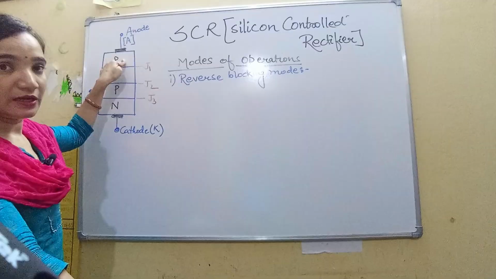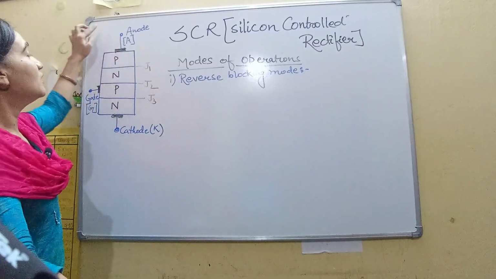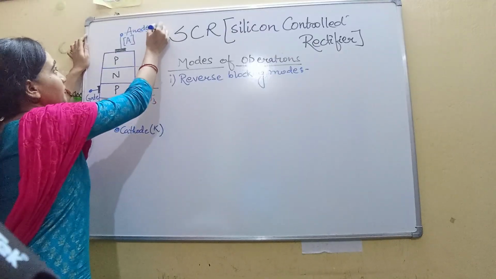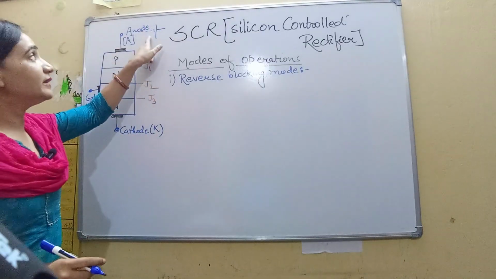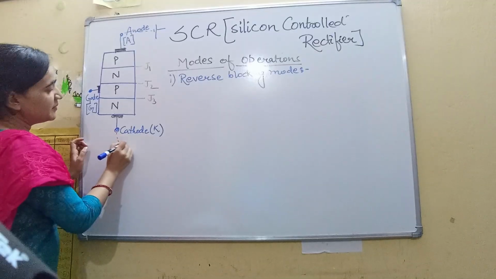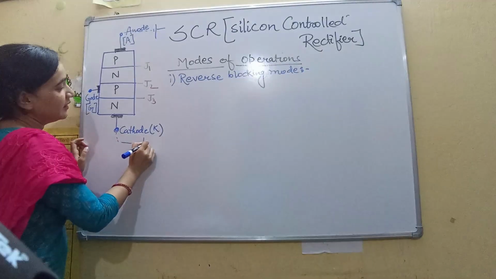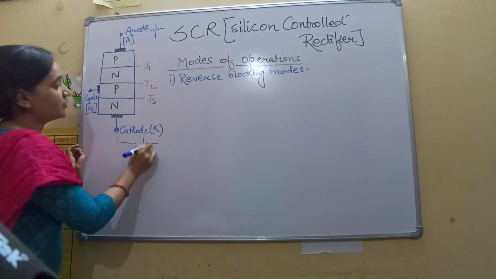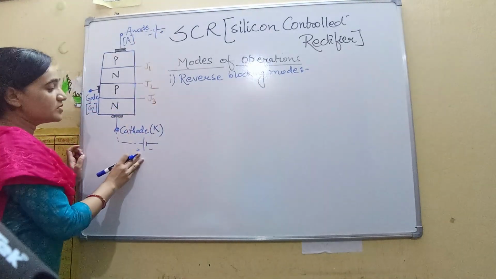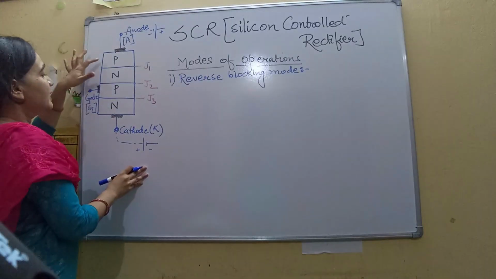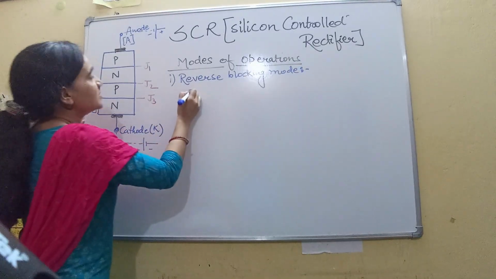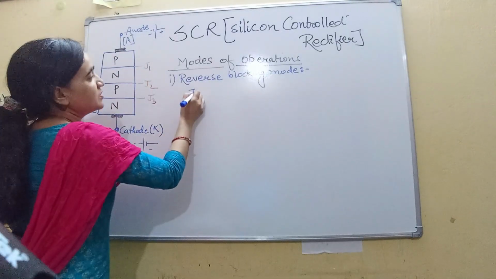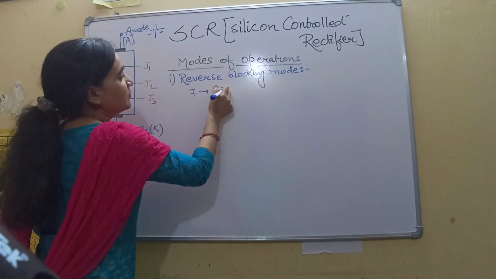The P type semiconductor will be connected to the negative terminal, and the N type semiconductor will be connected to the positive terminal of the voltage source. Then what we find is that our junction J1, since it is connected to the negative terminal, is reverse biased.